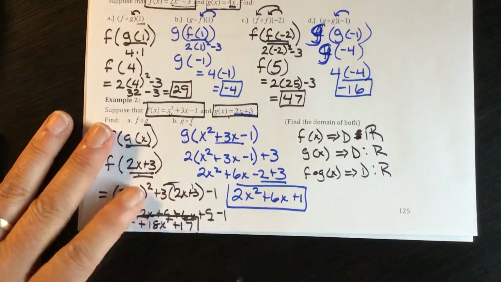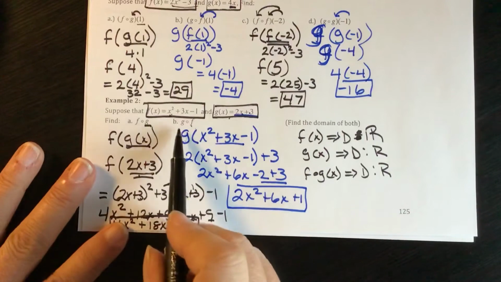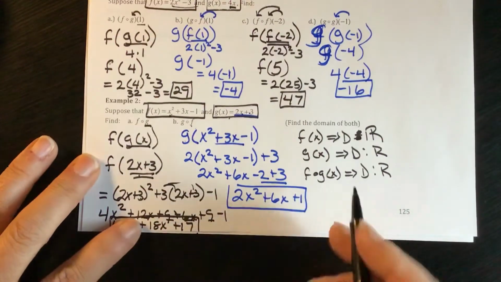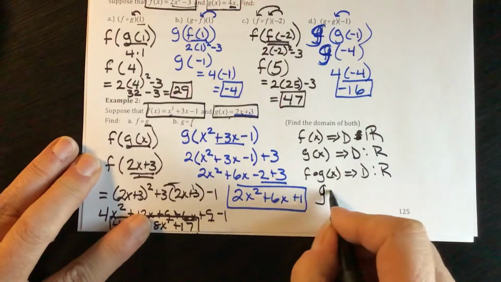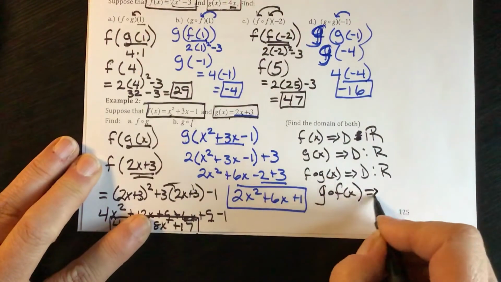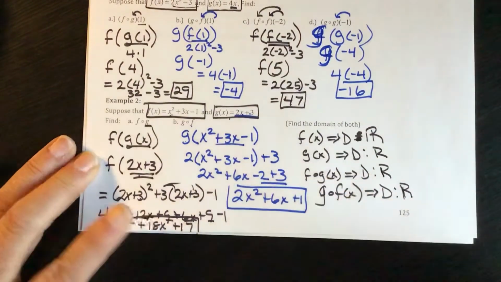And if I look at this value for g of f of x, I'm going to have another polynomial. So g of f of x has the domain of all real numbers again.